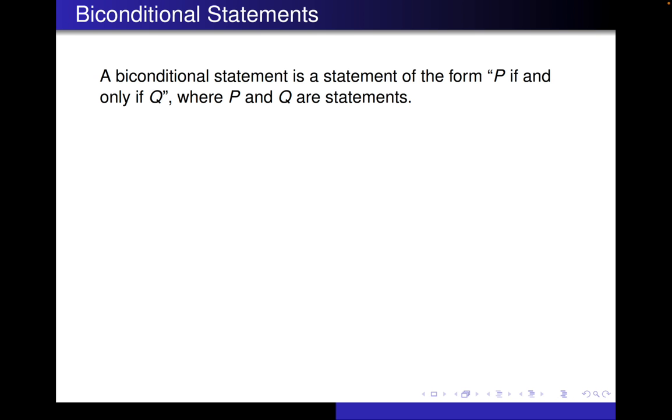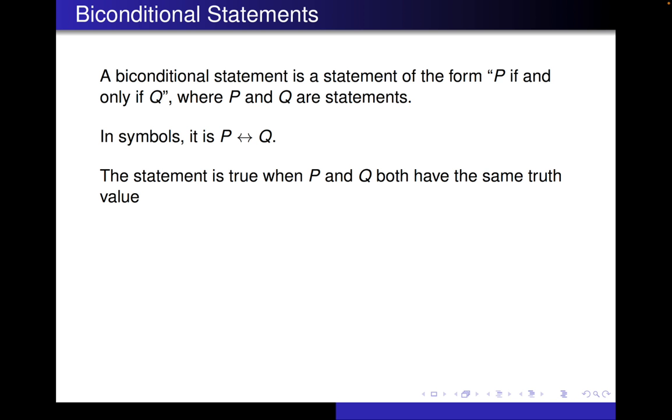A biconditional statement is a statement of the form P if and only if Q, where P and Q are both statements. So it's another one of those statements that's made out of other statements. In symbols you have P and Q with a double pointed arrow between them. What this particular statement means is it's true when P and Q both have the same truth value.